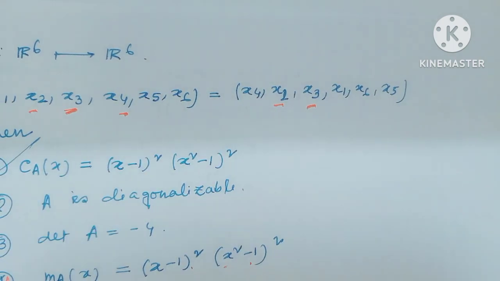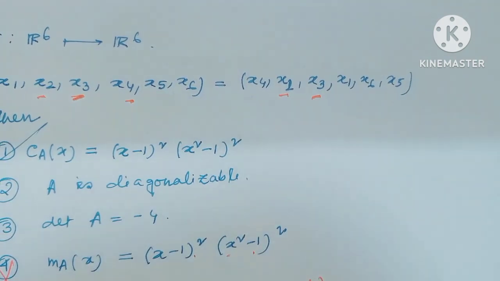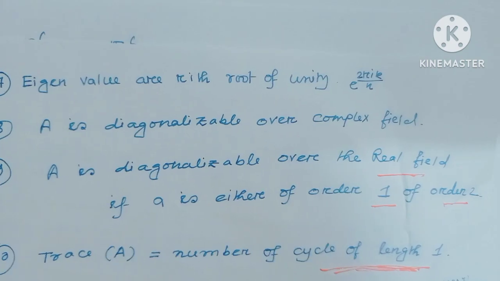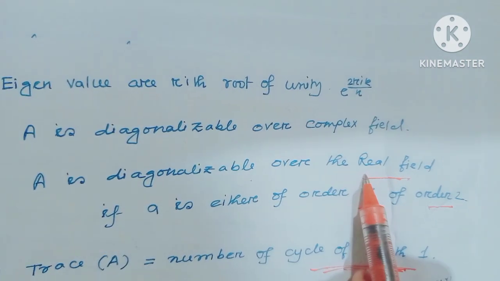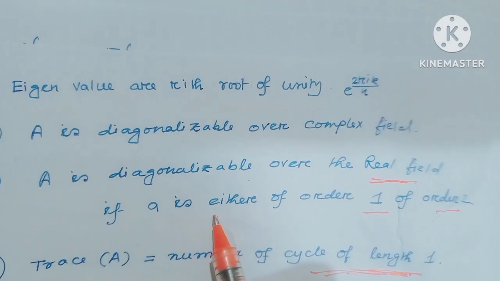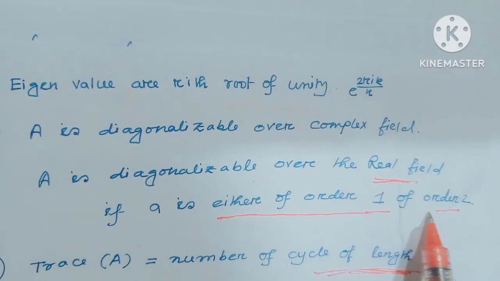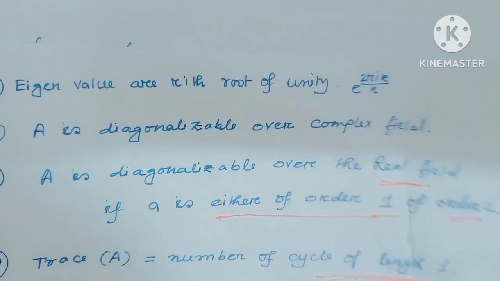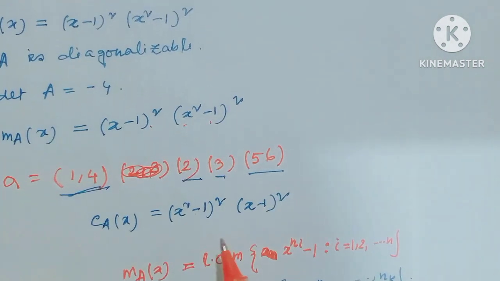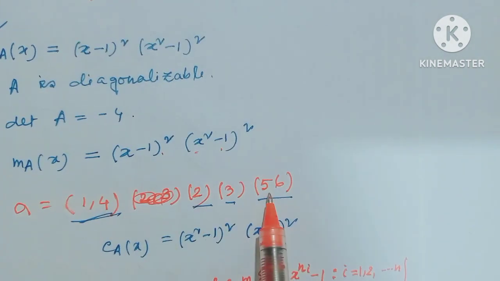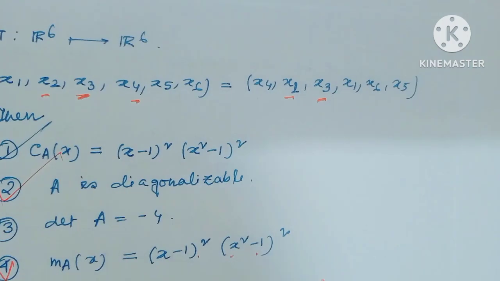A is diagonalizable. A few minutes ago I showed that a permutation matrix is diagonalizable over the real field if sigma has order 1 or order 2. Here sigma has order 2 and order 1 cycles, so A is diagonalizable.